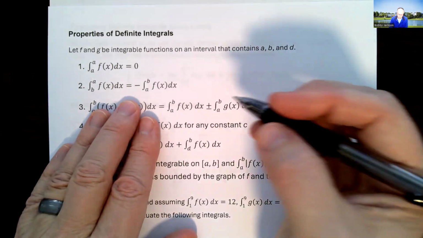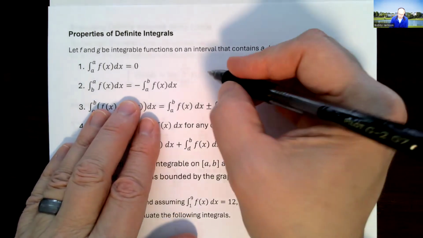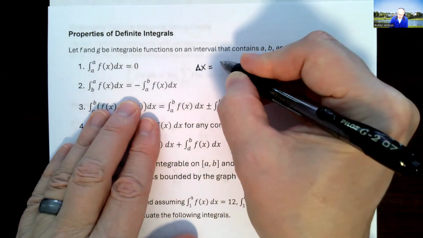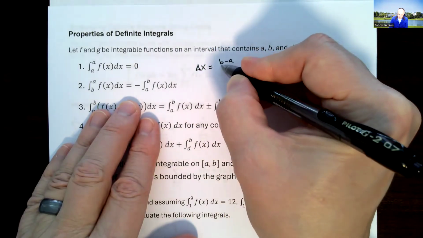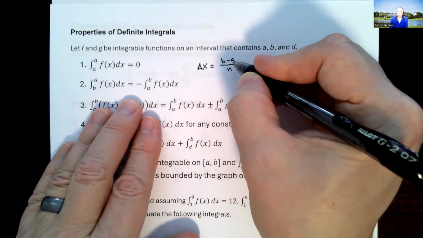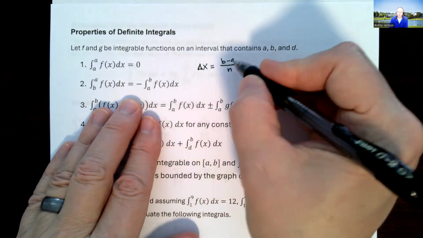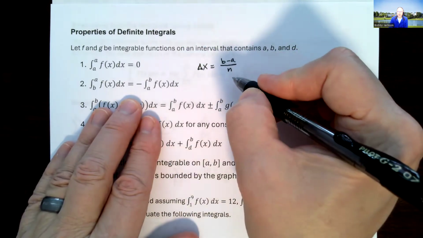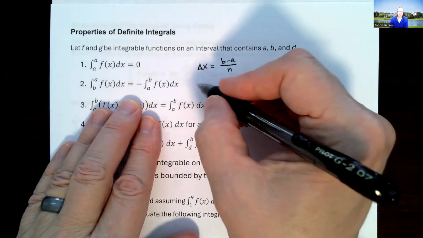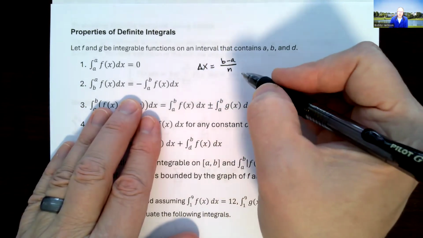Why is that? Well, remember in that definition, when we compute the delta x, if it's equally spaced subintervals, we've got (b minus a) over n, right? What happens then if I swap the limits of integration? Then it'll be the opposite sign. If delta x is some positive quantity, then switching them will become a negative quantity.